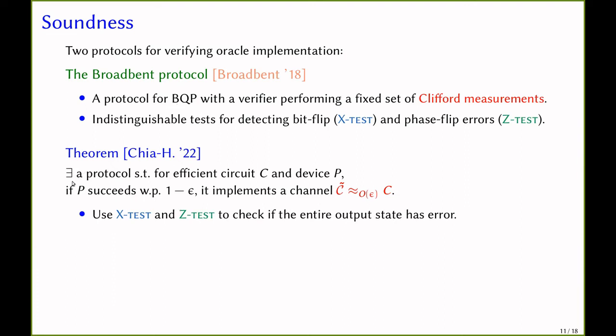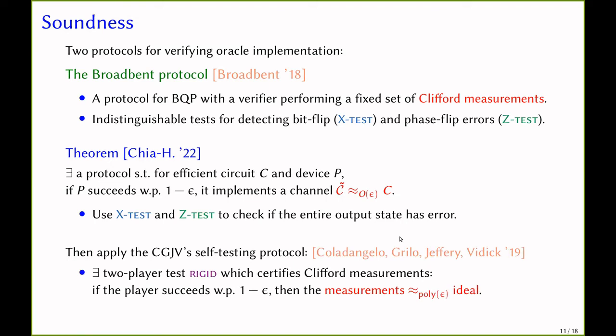It turns out that, with modification, we show that there exists a protocol which certifies an efficient quantum circuit C. Meaning that if the prover passes the protocol with sufficiently high probability, then it implements a quantum channel that is close to the target, the ideal quantum computation C. So the idea is to modify the X test given by Broadbent in a different way, to detect whether the entire output state has error.